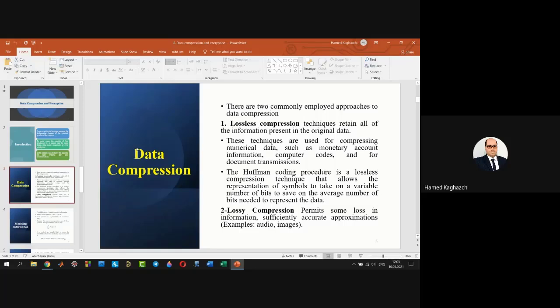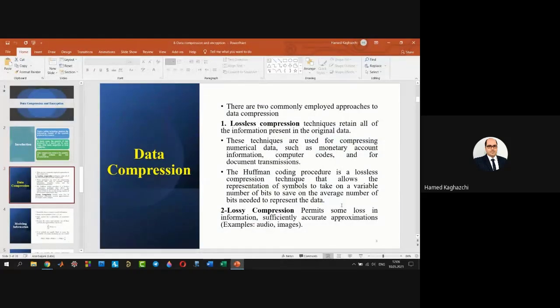In the lossless compression technique, all of the information will be maintained from the original data. These techniques are used for compressing numerical data, such as monetary account information, computer codes, and so on.